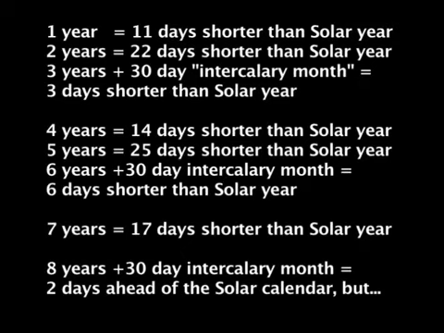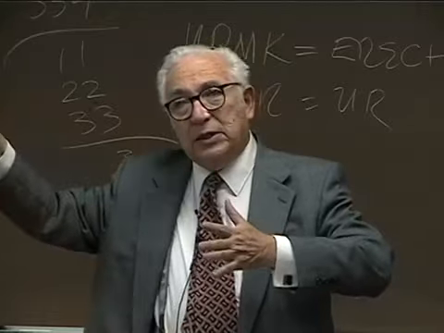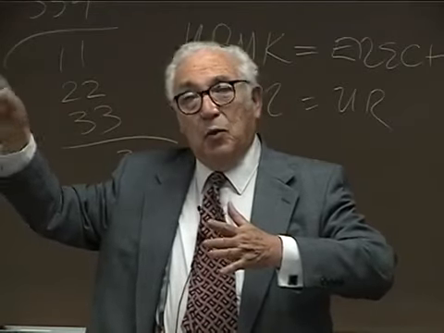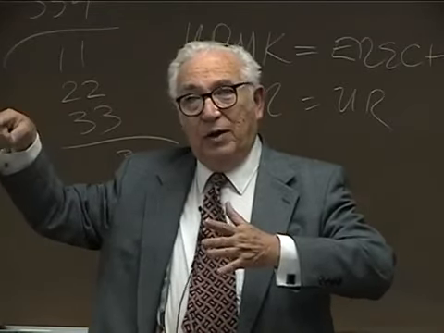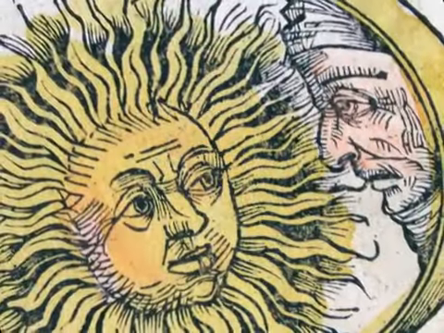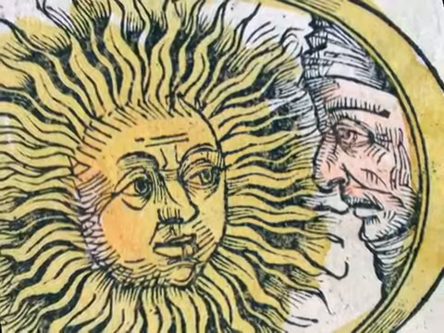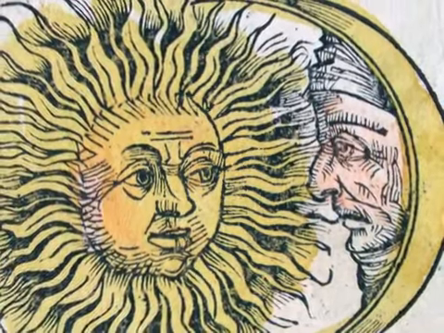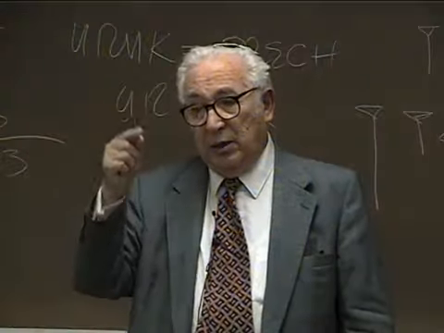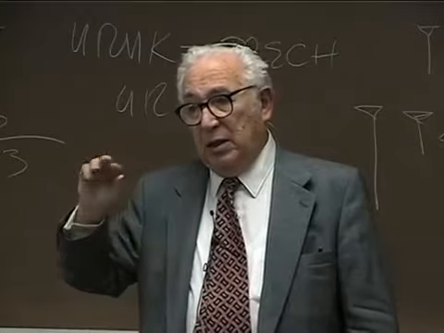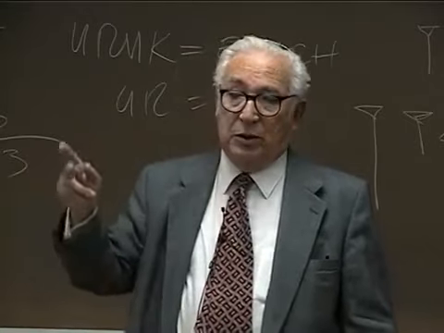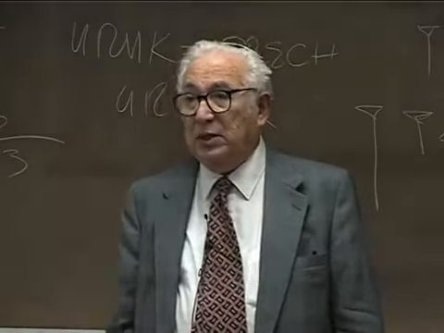But the solar year has added 2 days in 8 years. 1 day for every 4th year of the leap year. In 8-year cycles, they come out exactly even because the solar cycle adds a day every 4th year, and the lunar cycle comes out 2 days ahead, which means equal to 28 plus 2.